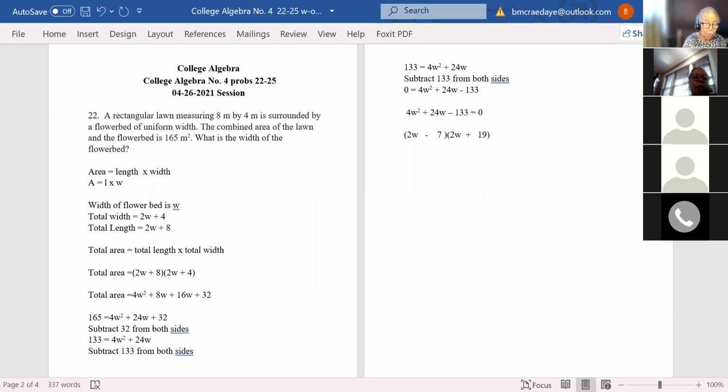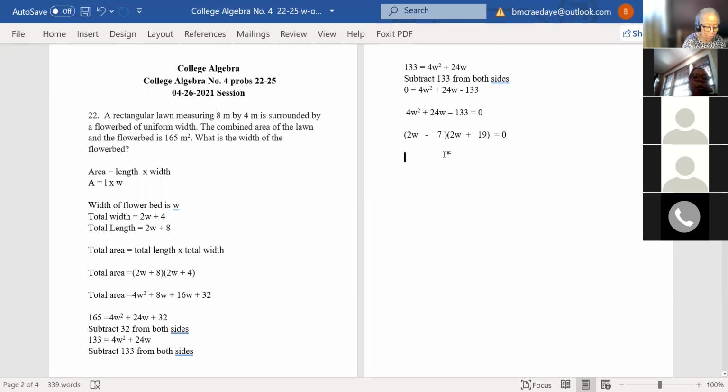Now, what do we know about quadratics? If the quadratic is equal to 0, then the factors are also equal to 0. You remember? If this quadratic equation is equal to 0, then each of these factors is equal to 0. So we can take 2W minus 7 and set it to 0.